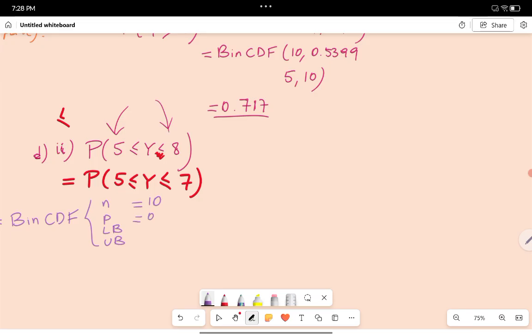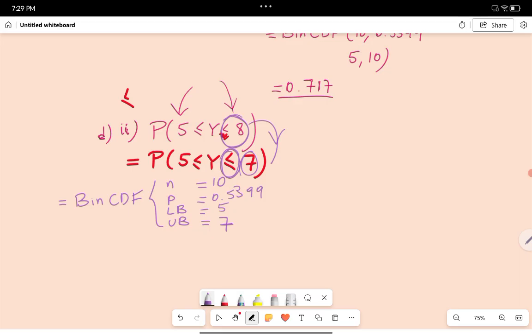This is the probability of success, 0.5399. And then lower bound is 5. And the upper bound, be careful here, it's 7. It's not 8. Again, because it has to be less than 8 points. It's not less or equal, so it is less or equal to 7. You see this? This is important. So the upper bound is 7. The calculator always wants to know what is our last value. Okay? So then your calculator computes it.